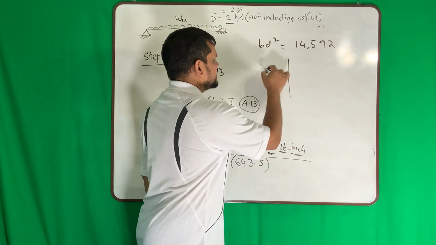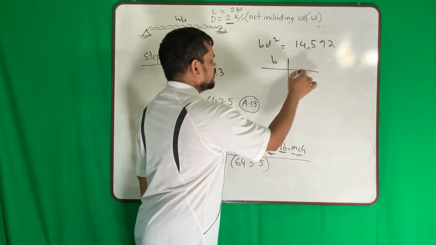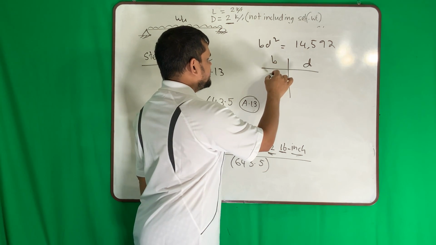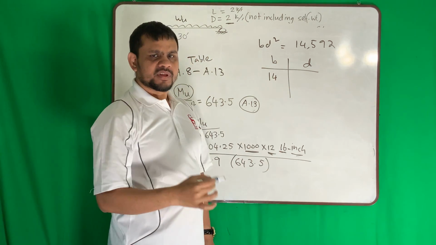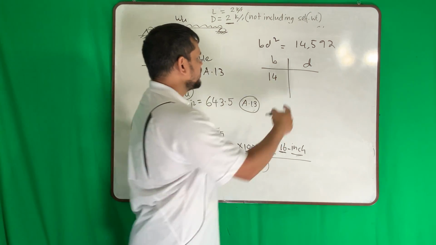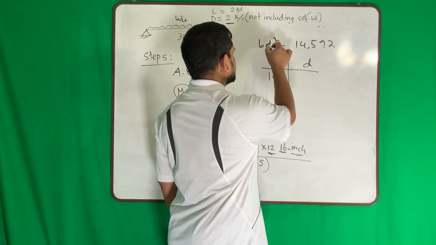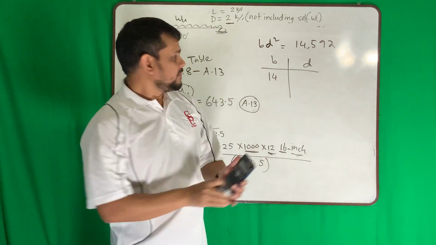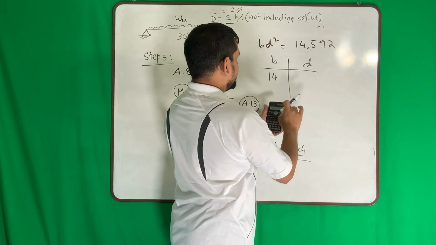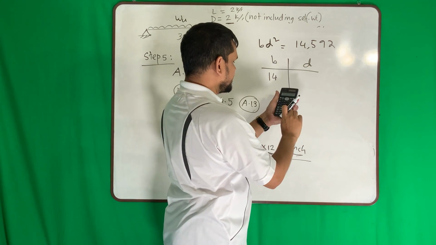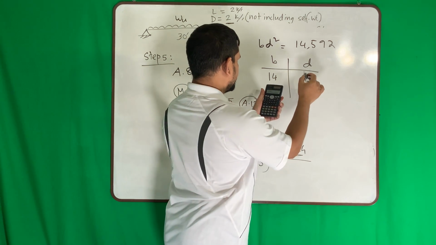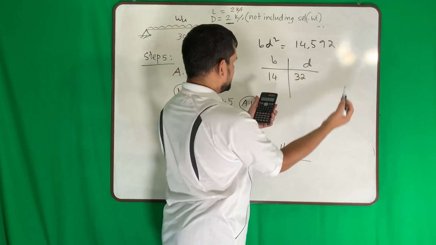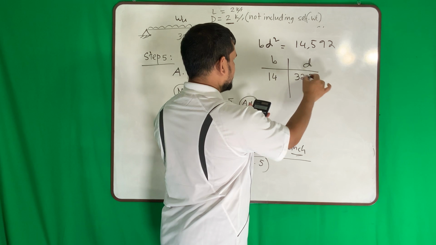Now you can play. If we assume B, what should be your D? Say B is 14. What should be D? If B is 14, then D should be this divided by 14, square root, 32.3.